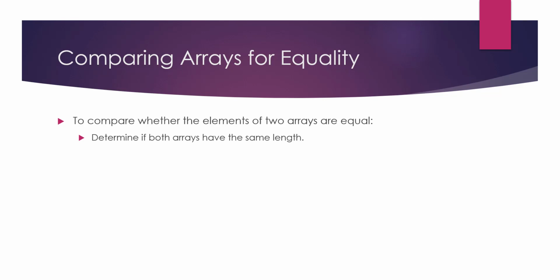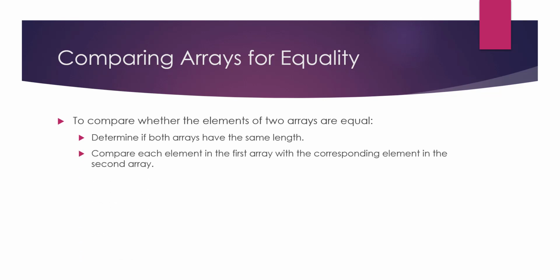If they do not have the same length, that means they are not equal to start with. So we start by checking if they have the same size, and then we will go element by element and check if they are equal. If at any point the element in the first array is not equal to the element in the second array, we will terminate and say that these arrays are not equal.